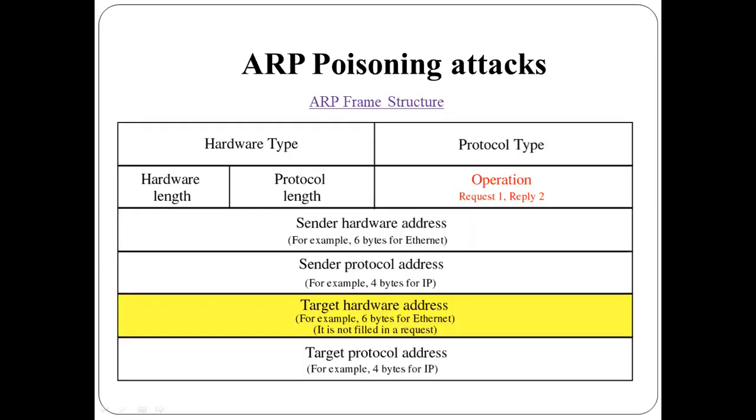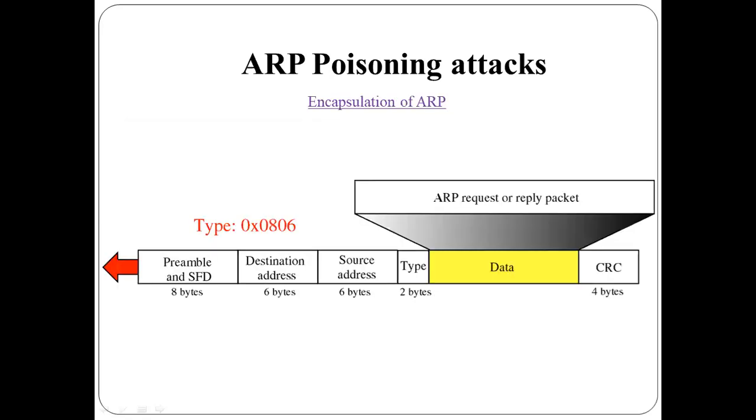So this is called the encapsulation of the ARP request or reply packet into the data field of the Ethernet frame. Now the frame word is okay here. CRC or other cyclic redundancy codes we will use for error detection purposes.